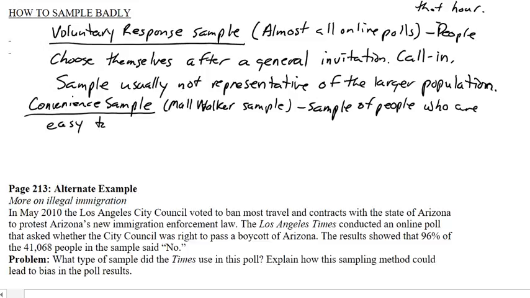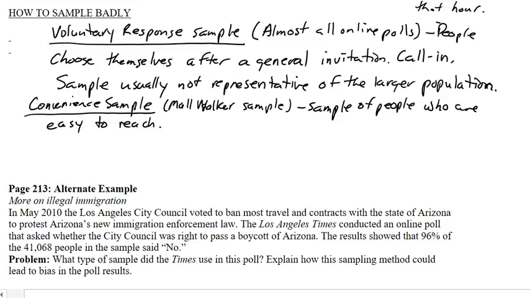That's why I call it a mall walker sample, because you'll have companies that work out of the mall, and all they do is stop people in the mall and ask them questions and try to survey them to get information from them. And that's fine if you're only interested in people that walk the mall or people that spend a lot of time at the mall. But if you're interested in the population in general, you have to have people that maybe don't spend as much time at the mall, or people that don't go to the mall at all. They have to have an equal chance of being chosen. So that's a convenience sample.